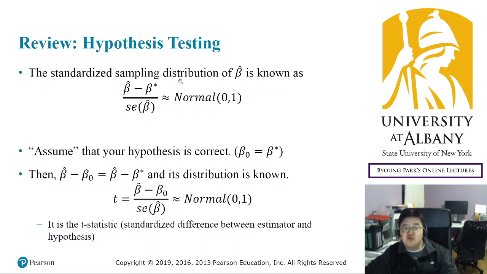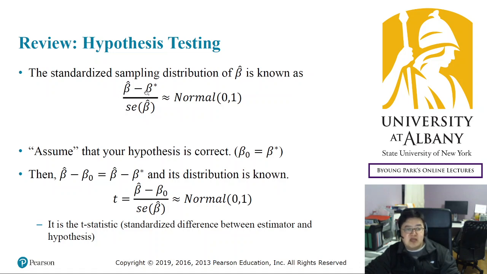Like I told you, the distribution of the estimation error is known. So how is it known? If the true beta was available, it is not, but if it was available, then beta hat minus beta star is the estimation error.